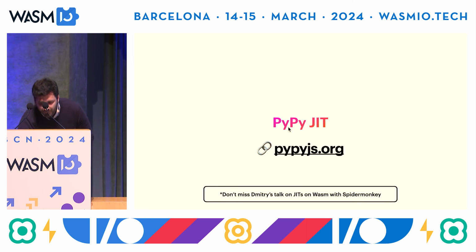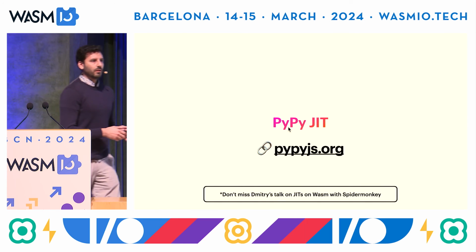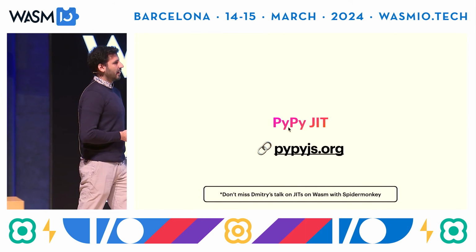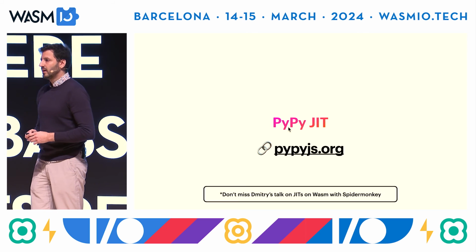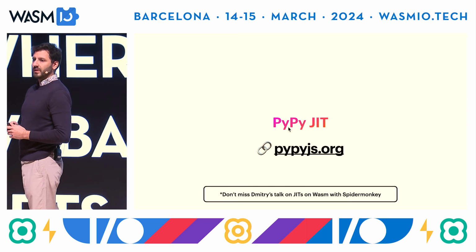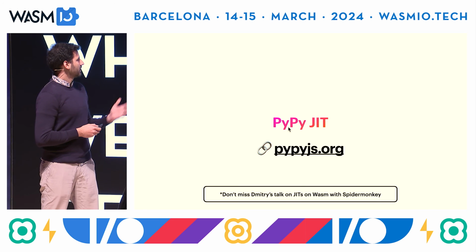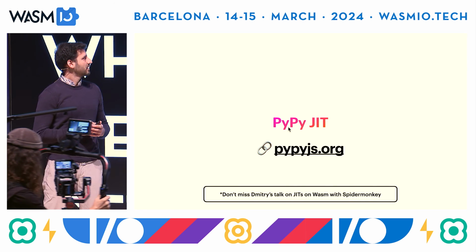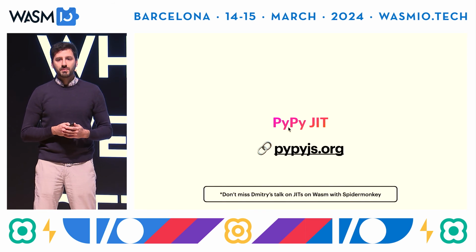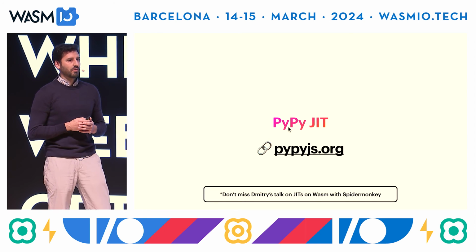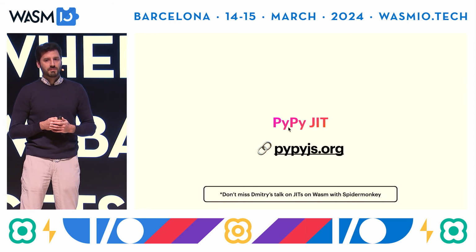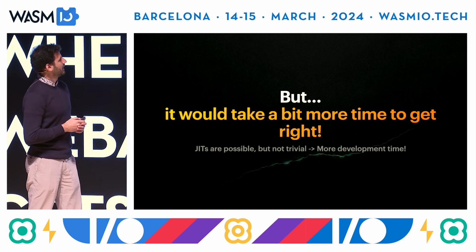Here we go. On this quest, if you're interested in how JITs on WebAssembly work, I'd recommend you attend the talk from Dimitri, who is going to cover how JITs can work on WebAssembly with SpiderMonkey, which is super interesting because I think it will enable many paths for running JavaScript in WebAssembly performantly.